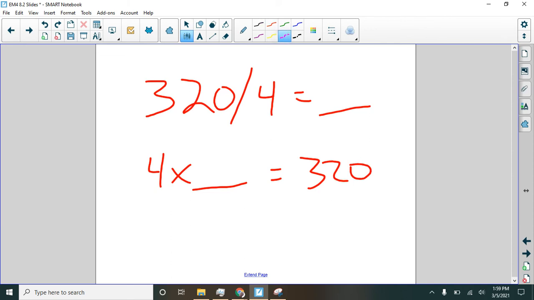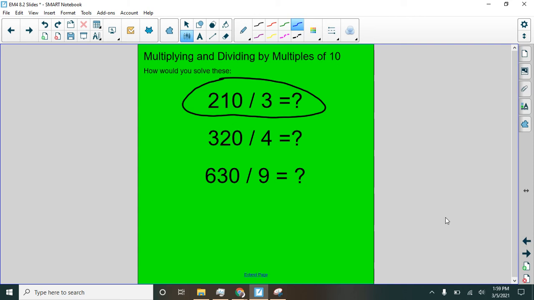All right, so now we need to figure out 4 times what equals 32? 8. And how many zeros do we need to put here? 1. 4 times 80. So our answer is 80. Pretty good, huh?